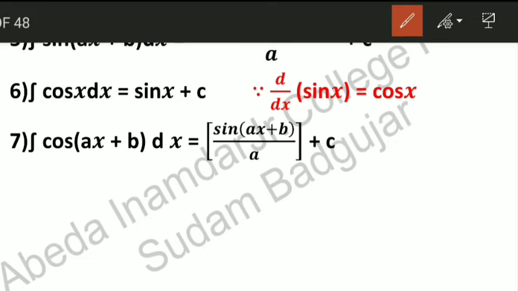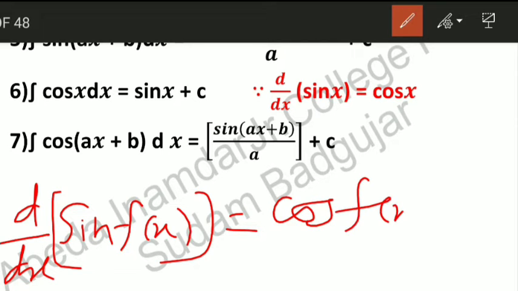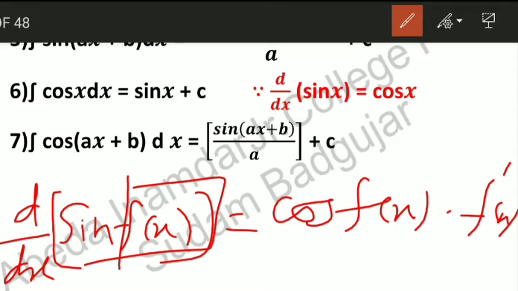While taking derivatives in the previous chapter, I already explained each and every point: the derivative of sin of f of x is equal to cos of f of x into the derivative of the angle f of x. Whatever this f of x may be, any function, logarithmic, inverse, whatever, we can easily find its derivative.